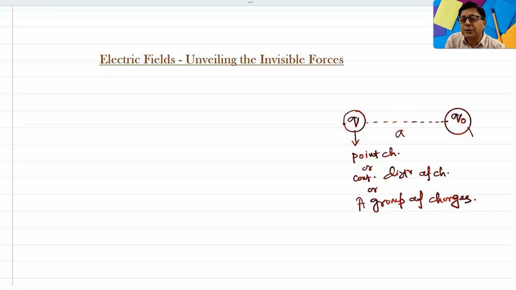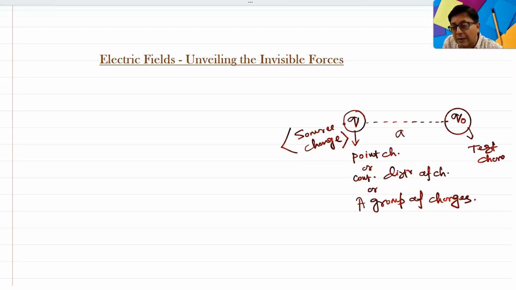This charge Q we have referred to as the source charge. The source charge will create something in its surrounding which will be referred to as electric field. And this test charge will realize the presence of the source charge.